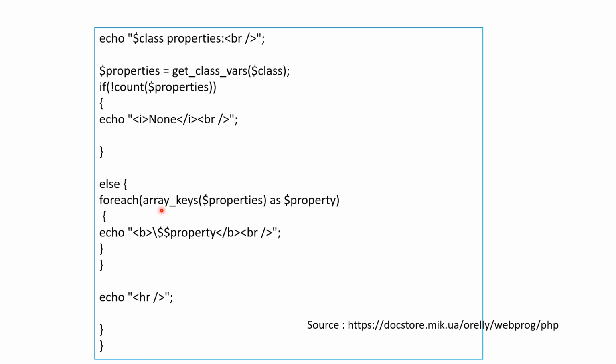Otherwise, we can use the foreach construct, and here one more built-in method, array_keys. This method is used to return either all the keys of an array or a subset of the keys, and then it will display the properties of the particular class one by one.